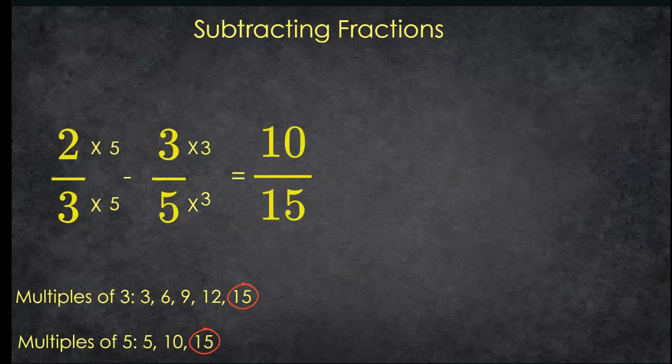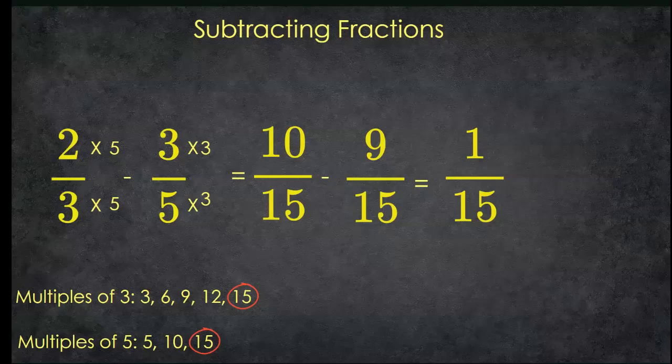That'll become 10/15 minus 9/15. That is going to give me a difference of 1/15, and that would be my answer. All right, pretty easy strategy if you were practicing the addition strategy. This is exactly the same strategy, but we're just now subtracting.